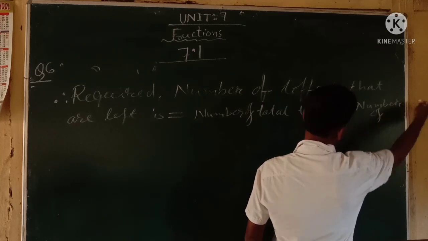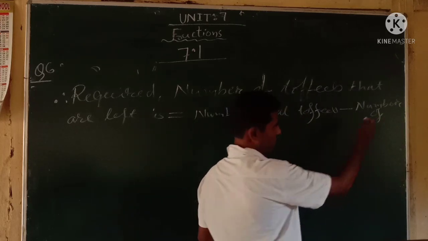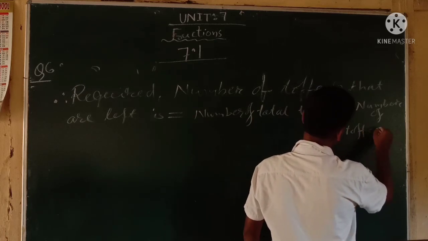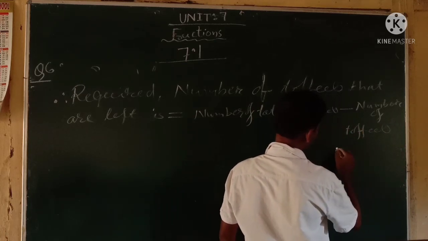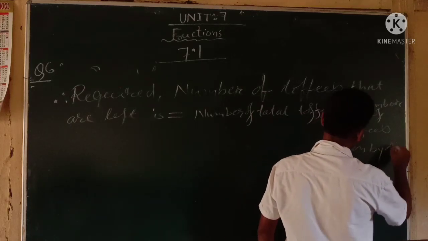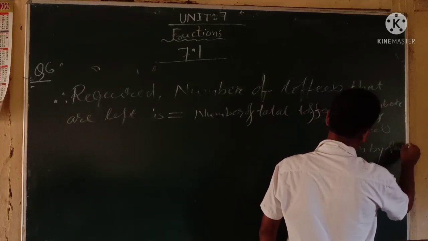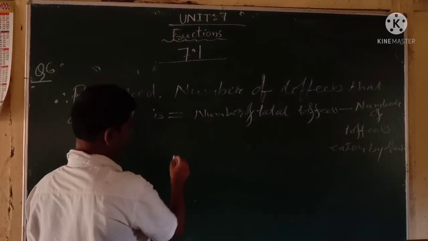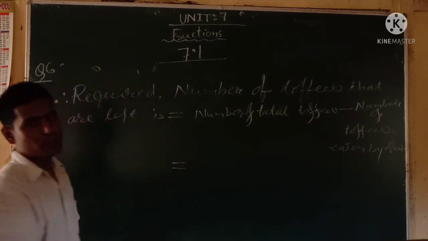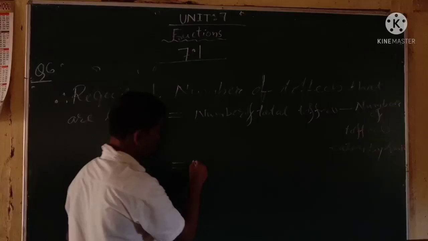Number of, I don't have space here, so I'm writing down. If you've got space, you can write, no problem. Okay, number of toffees eaten by David. Now equal sign should be right below equal sign, and number of total toffees, we have got 12.